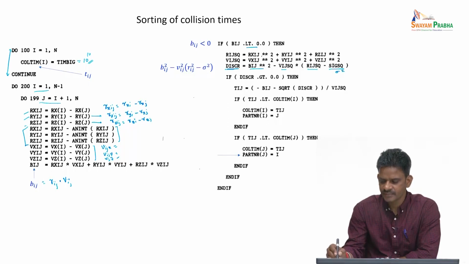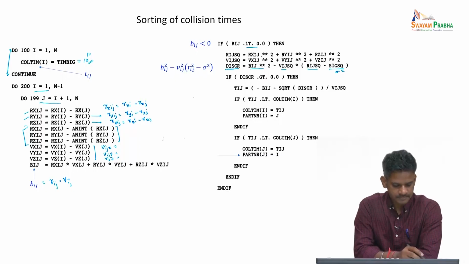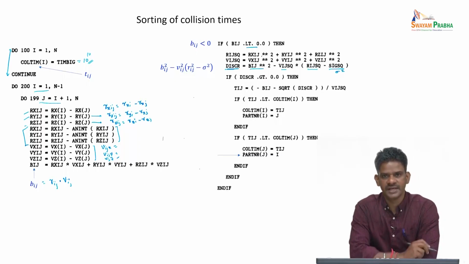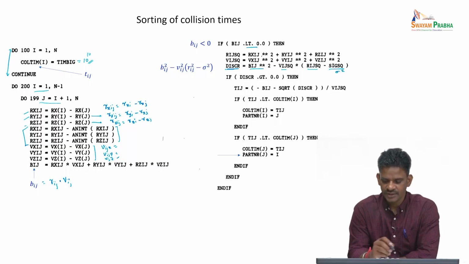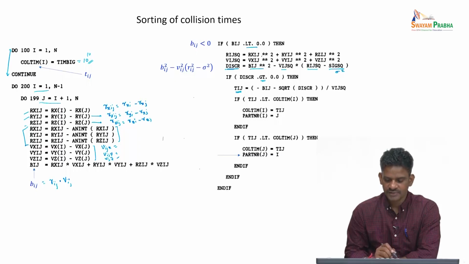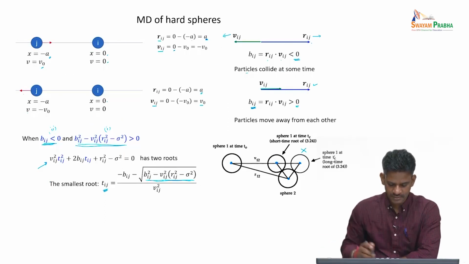This Rij square is obtained by squaring Rxij, Ryij and then Rzij. So, we get this quantity, and then we check whether this number is greater than 0 or not. Only when these two conditions are satisfied do we go on to calculate the collision time Tij for the pair i and j using the smallest root. This equation that you see here is nothing but this equation.